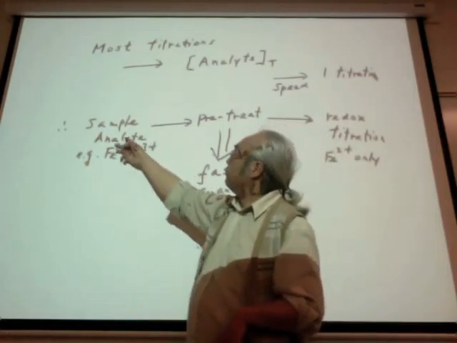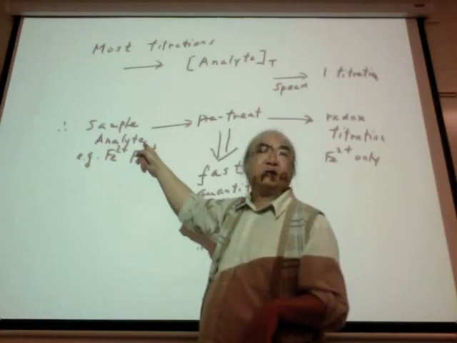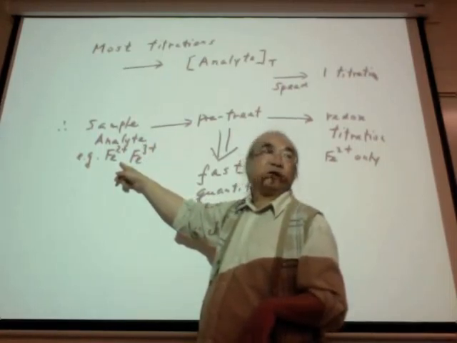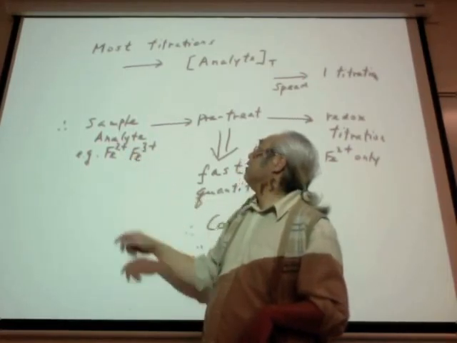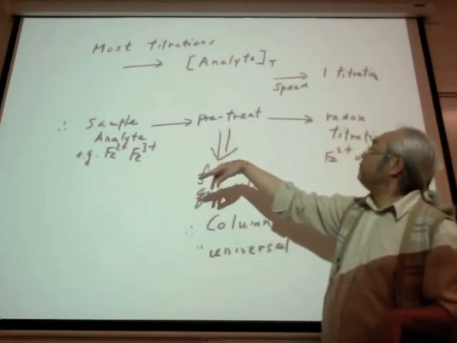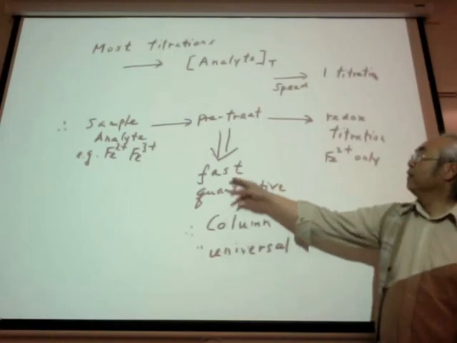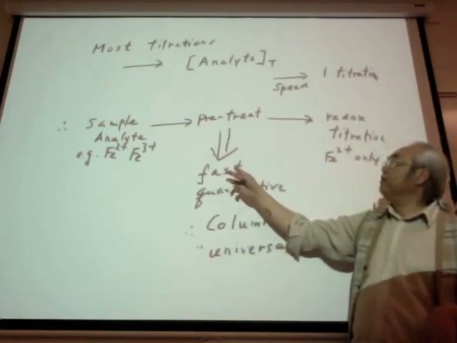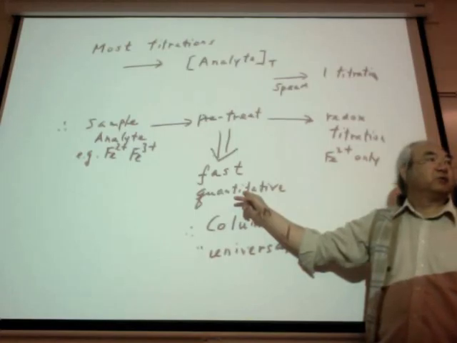Okay, as an example, in your sample, your analyte is iron, but then iron exists in different oxidation states, right? For example, 2+ and 3+. So you want to speed up, so you want to pre-treat your sample. Pre-treat the sample fast, and of course, analytical chemistry is quantitative.